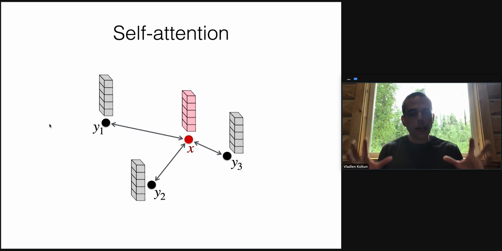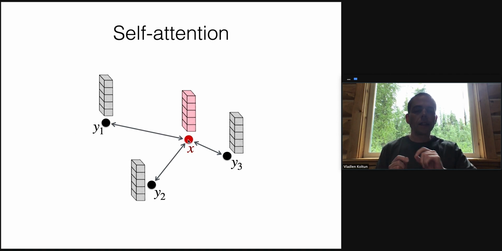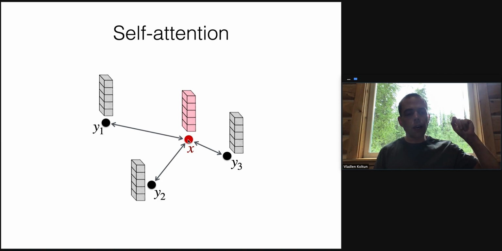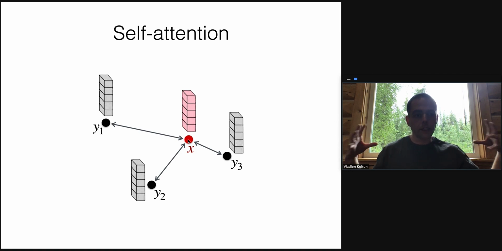And in essence, the following type of information aggregation happens in a self-attention layer. We have a data point X. The data point is localized at a certain point in feature space. There is a metric space in which the data points live.